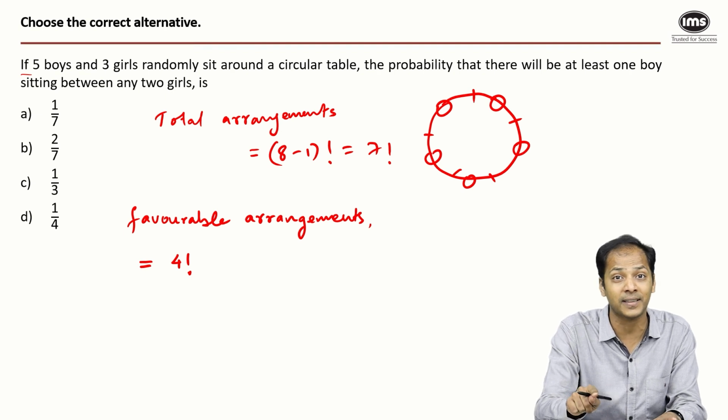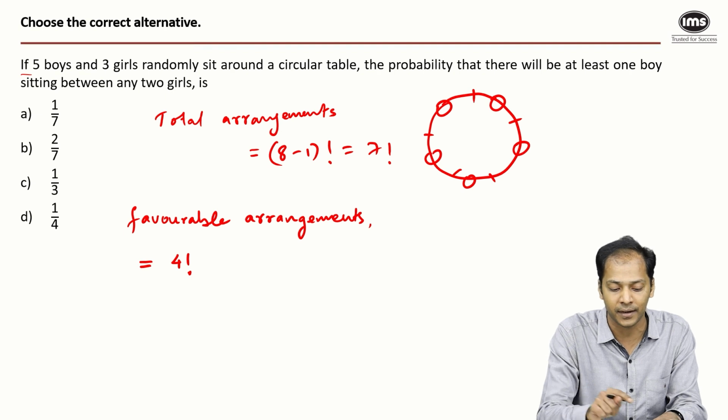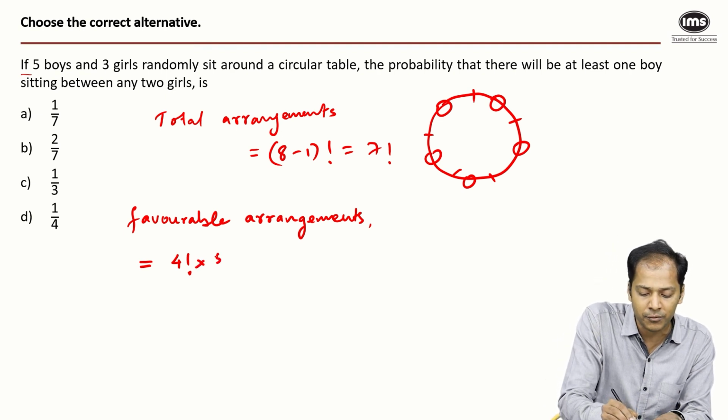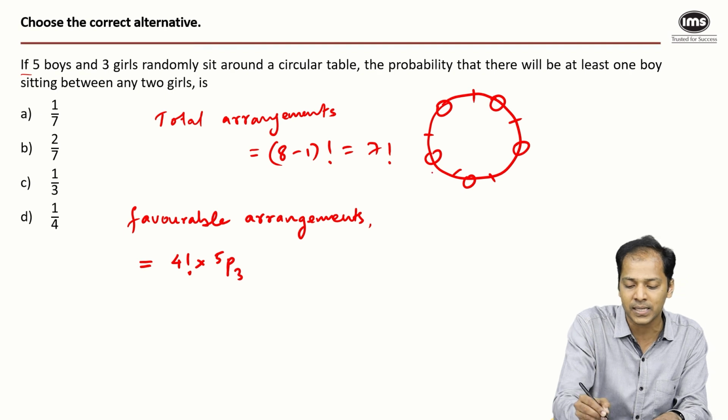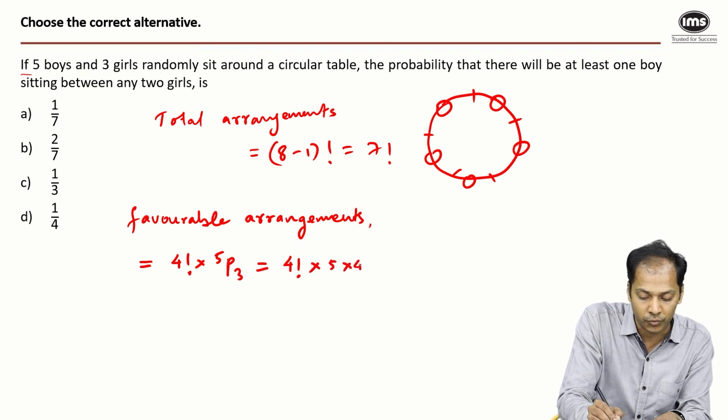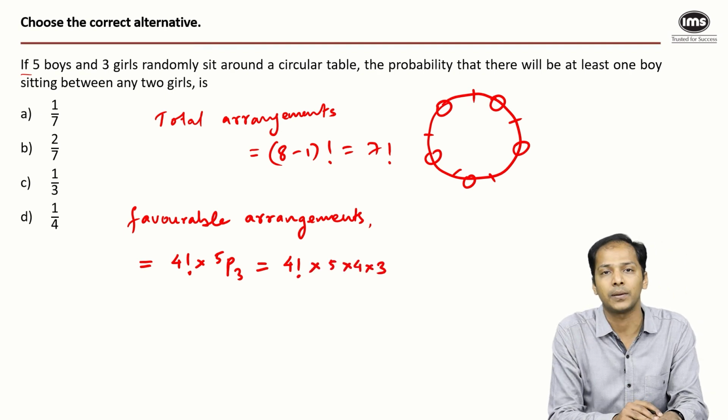So they can't be treated as a circular arrangement now, because each one would have a unique identity. So the girls can simply arrange themselves in 5P3 ways in these 5 chairs, right? So 4 factorial into 5P3, which is 5 into 4 into 3.